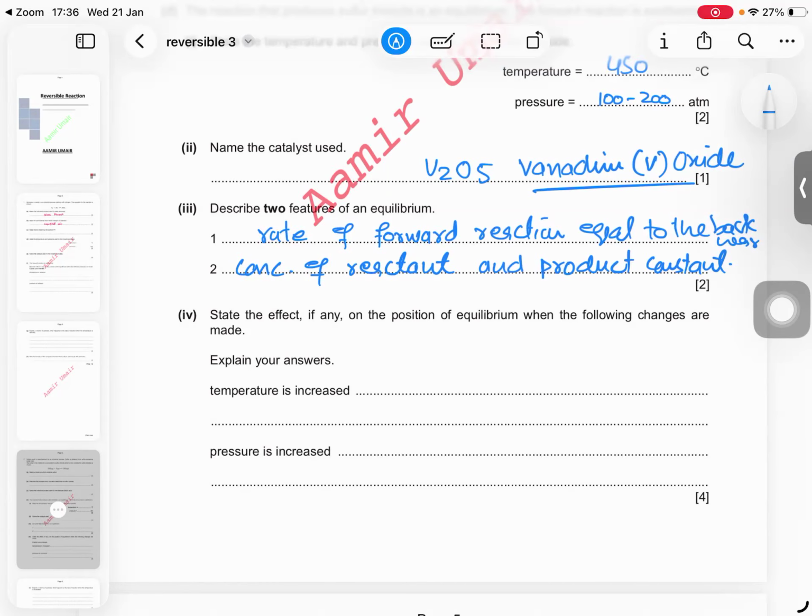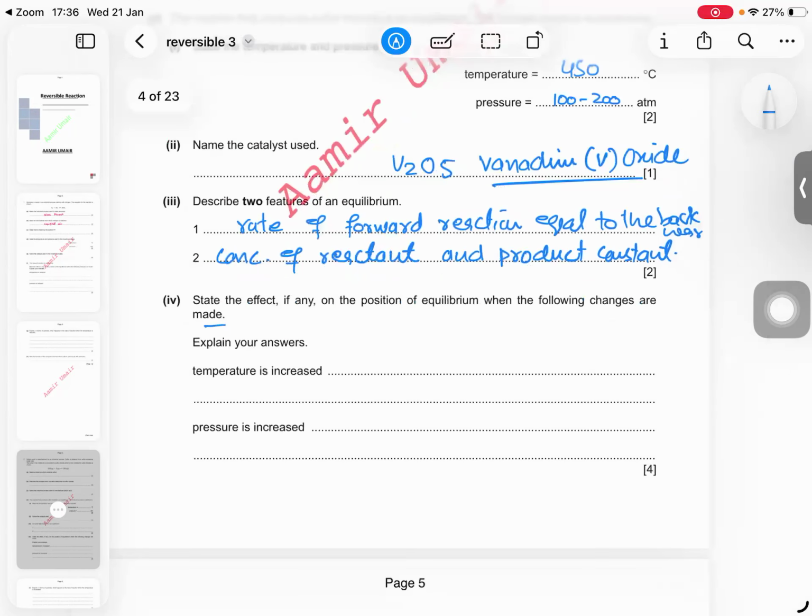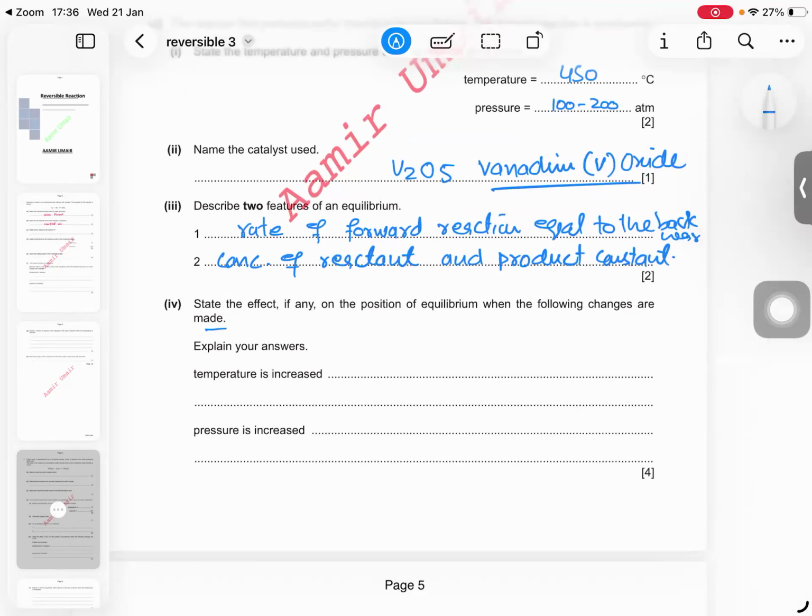State the effect, if any, on the position of equilibrium when the following changes are made. This reaction is again exothermic, he has told us. I can rewrite the reaction again, 2SO2 plus O2 and 2SO3. The reaction is exo in this direction. I'm giving you 30 seconds to write the answer for these two.